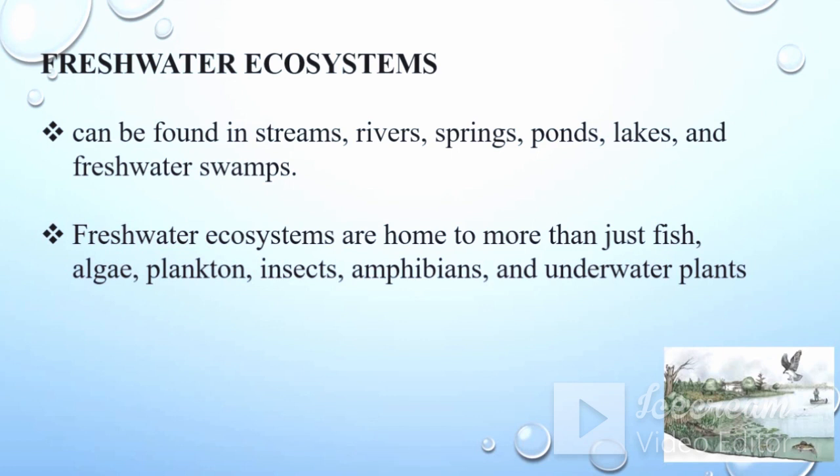They can be found in streams, rivers, springs, ponds, lakes, and freshwater swamps. Freshwater ecosystems are home to more than just fish: algae, plankton, insects, amphibians, and underwater plants.